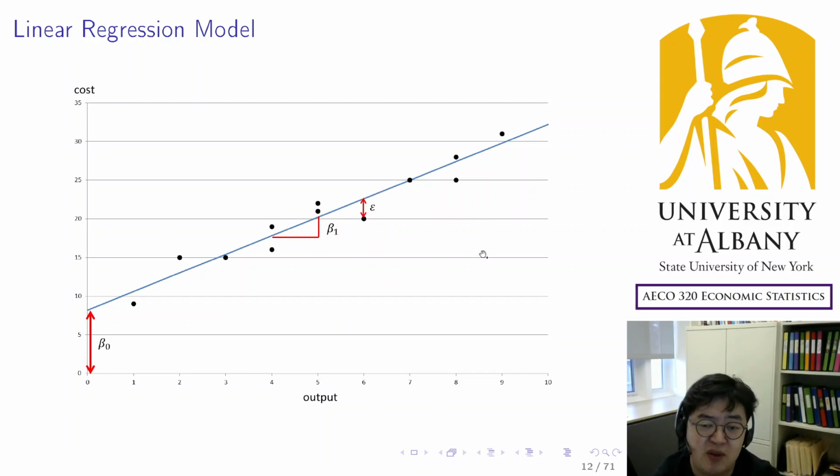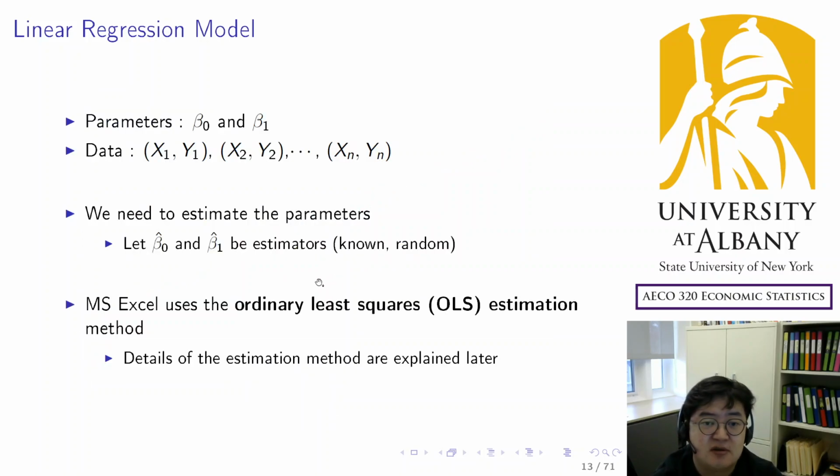It can be small, can be big, can be positive, can be negative. But in general, epsilons have mean 0. So the average of epsilon should be 0. That is the basic property of the linear regression model.